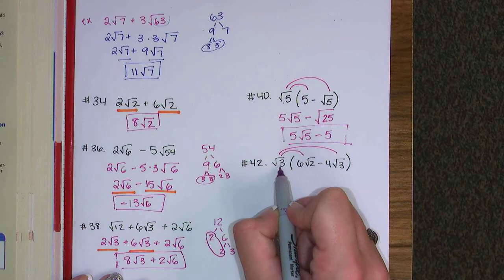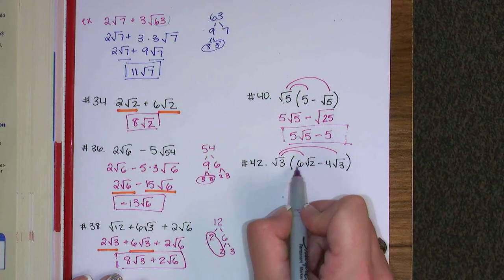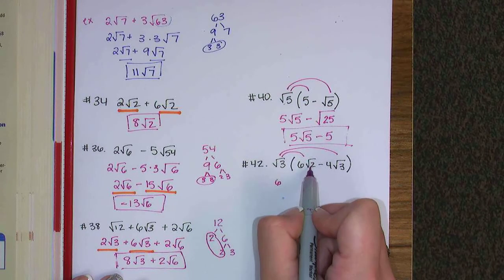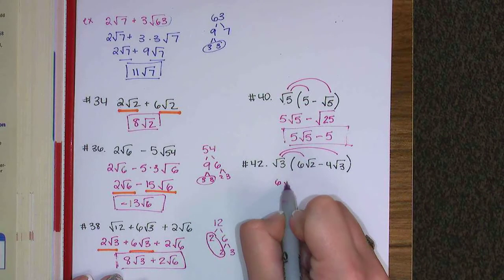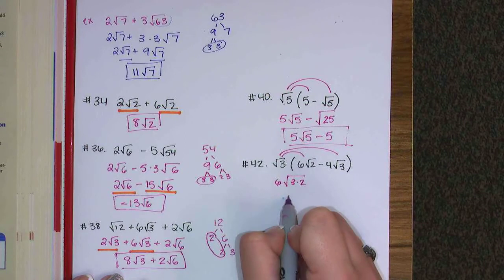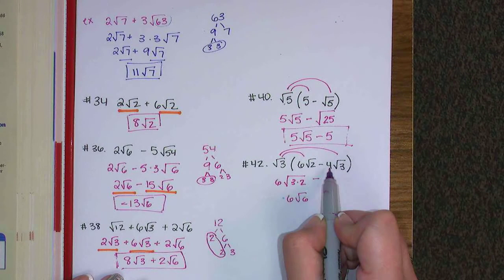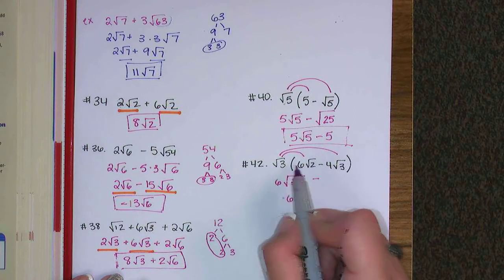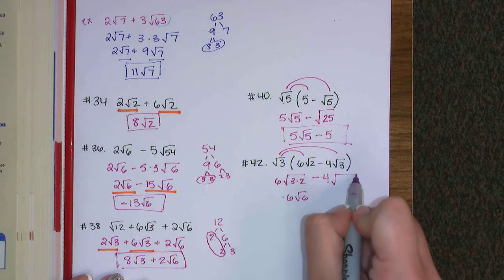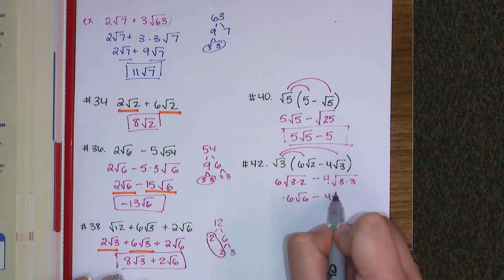So this is the square root of 3 times 6 square root of 2. The 6 we just copy down because there's nothing outside. Now the square root of 3 times the square root of 2 is the square root of 3 times 2, or 6 square root of 6, minus 4 times the square root of 3 times the square root of 3, which would be minus 4 square root of 9.